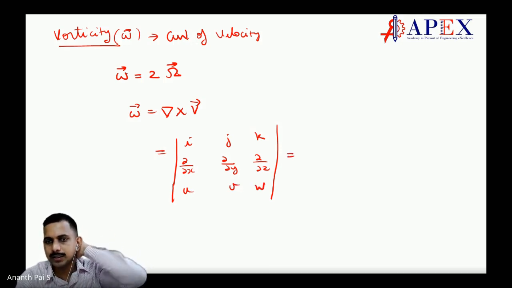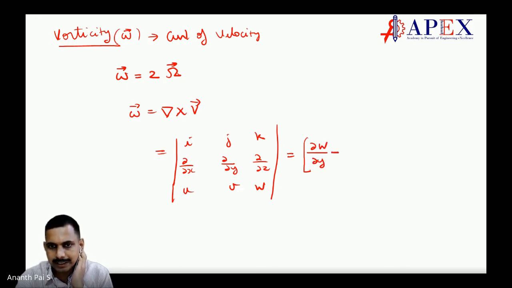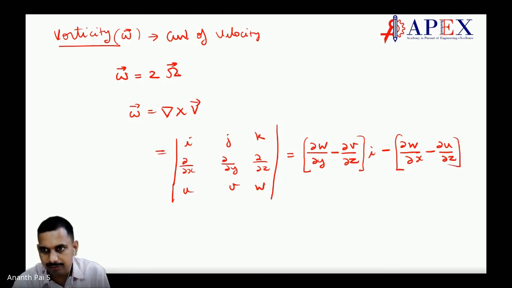So you can have it like this: dou w by dou y minus dou v by dou z, i. Correct? Then, observe this minus here, minus we have dou w by dou x minus dou u by dou z. That's why you see I have made a different thing in the j.